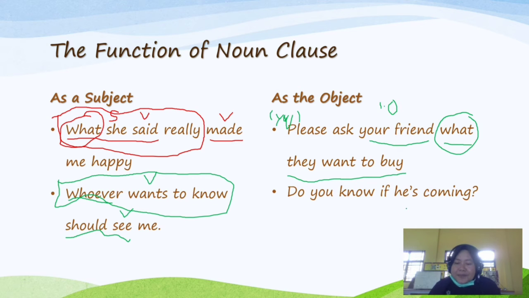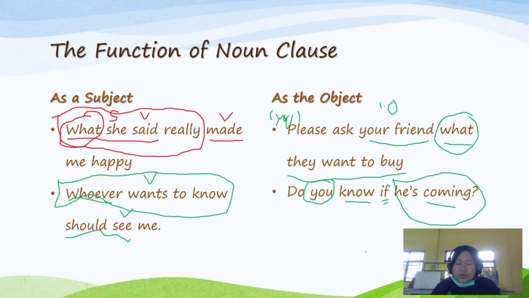The conjunction is if, right, everyone, and the verb is coming in here, and the subject is he. So he is coming is the object of what do we want to know.